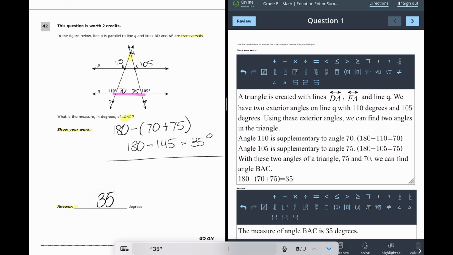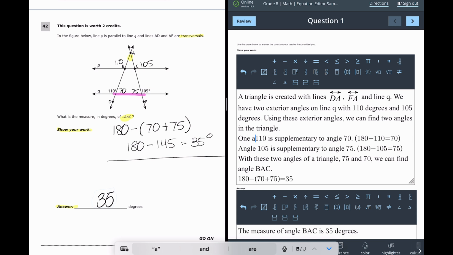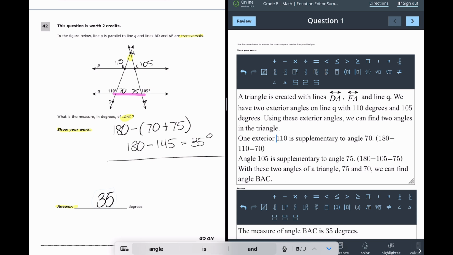Angle 110 is supplementary to angle, this is not angle 110. One exterior angle is equal to 110 degrees.